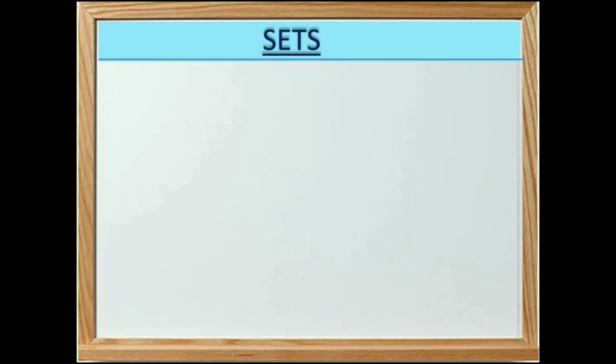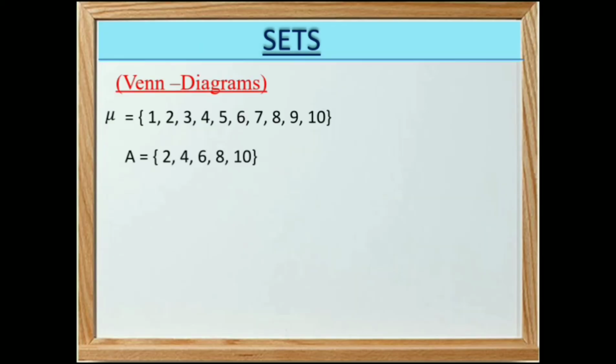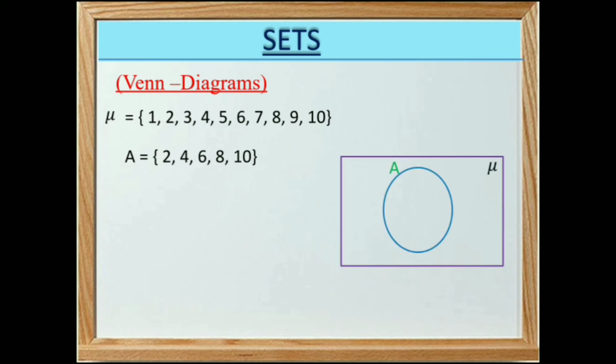Let us consider one example. Mu is equal to 1, 2, 3, 4, 5, 6, 7, 8, 9, 10. These are the elements in set mu. In set A, the elements are 2, 4, 6, 8, 10. For this, how can we represent the Venn diagram? Here I am taking one rectangular shape and one circular shape.